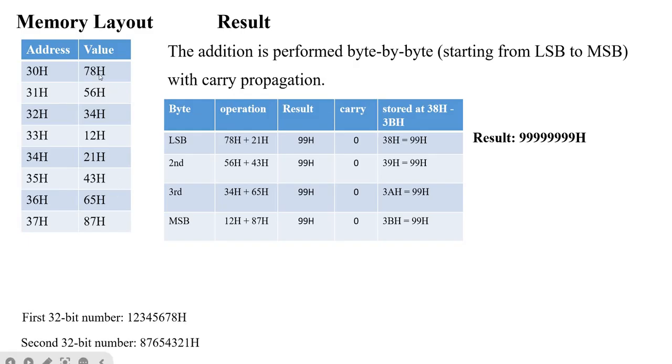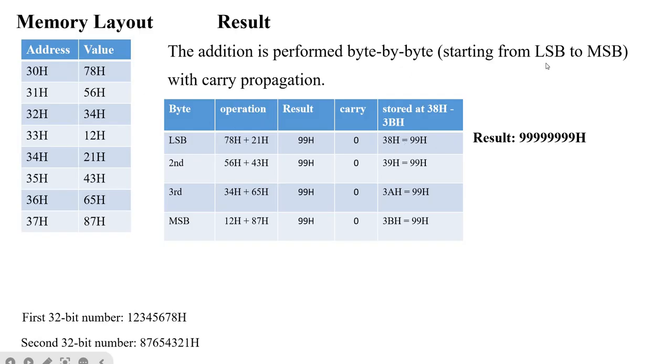The least significant bytes of the first and second numbers are 78 and 21, stored at the 30H location and the 34H location respectively. When you add these two, the result is 99 and no carry is generated. The result of the addition of these two bytes is stored at the 38H location.